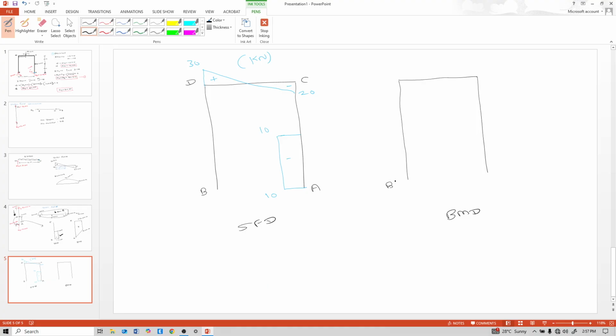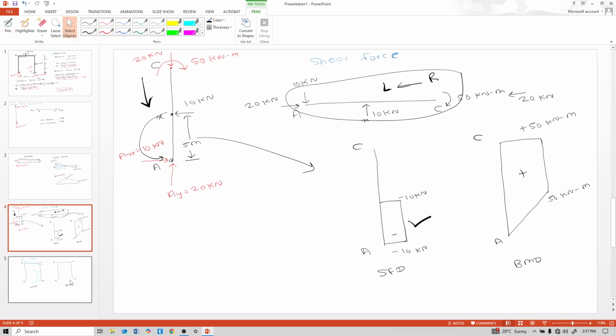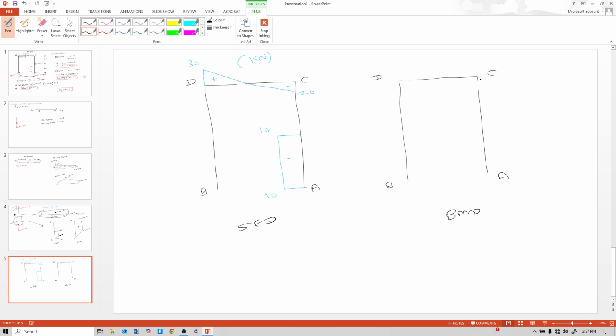This is B, this is D, this is C, and this is A. This is 50, 50, positive. Unit is kilonewton meter, and here 90, 50. We will see this in StaadPro also.